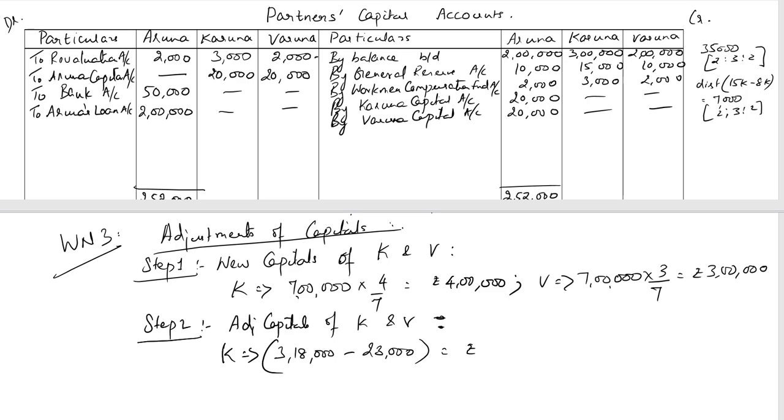This is equal to 2,95,000 rupees. In the case of Varuna, the credit total is 2,12,000 rupees minus debit side total 22,000 rupees is rupees 1,90,000.